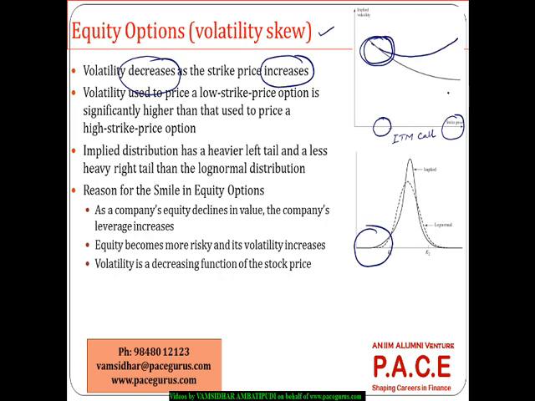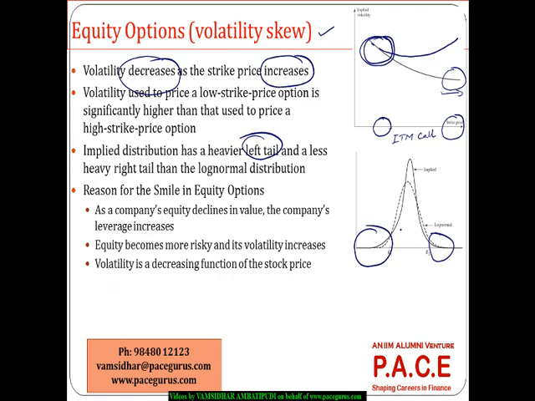Whereas on the right, for higher strike prices, we are seeing that the implied volatility is going down, which is also an indication that when I look at the implied distribution with respect to the log normal, the tail will not be that heavy in the case of the equity option. The implied distribution has a heavier left tail and a less heavy right tail compared to the normal.